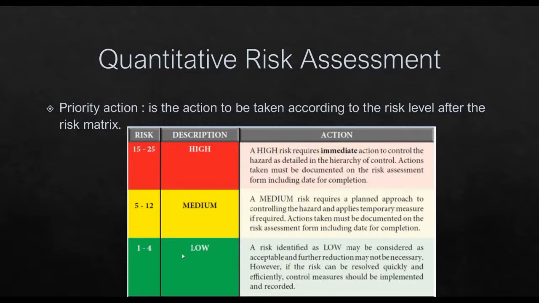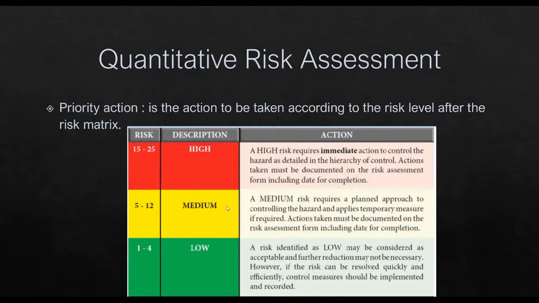Okay. For example, for the low risk, a risk identified as low may be considered as acceptable, and further reduction may not be necessary. Okay, the keyword is may. This hazard might only be reduced by any other action, or maybe it is not necessary to reduce. However, if the risk can be resolved quickly and efficiently, control measures should be implemented and recorded.